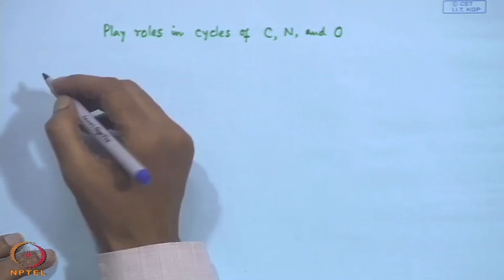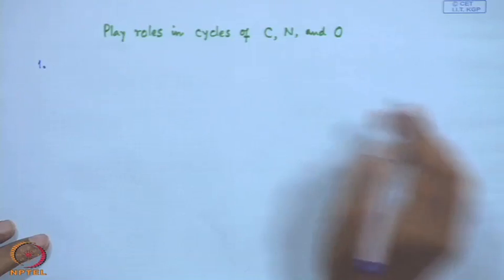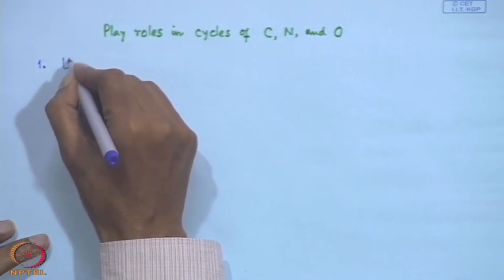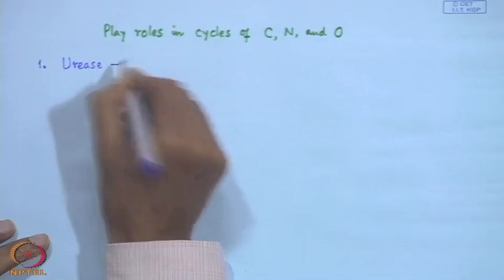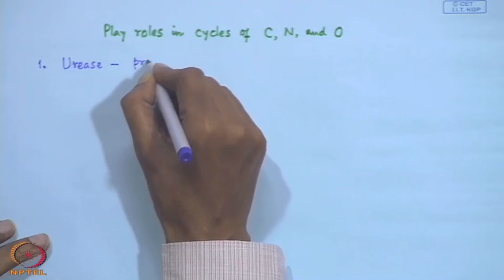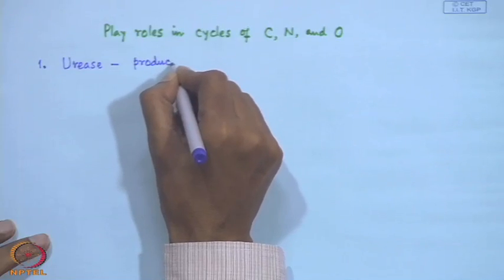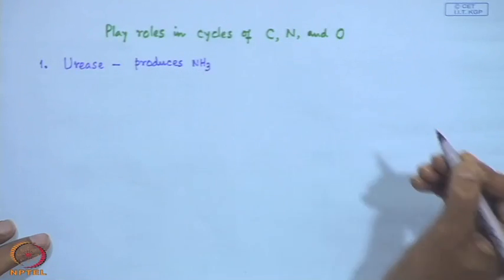So, one such example, out of all these different molecules, one is very important, urease, which produces ammonia through hydrolysis.